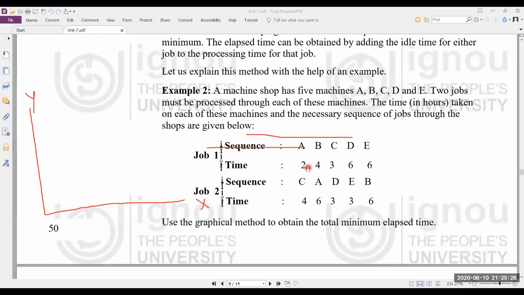We mention 2, 4, 3, 6, 6 on the x-axis and 4, 6, 3, 3 on the y-axis. Here we put these in cumulative form, or we just mark them. Machine A: write machine A after the mark. It is 2.